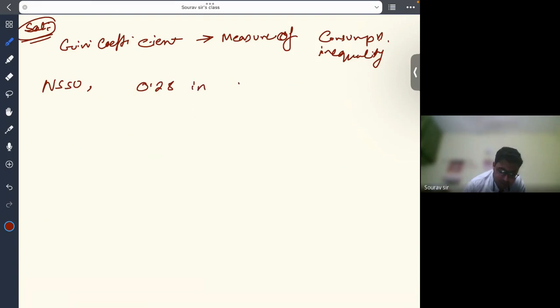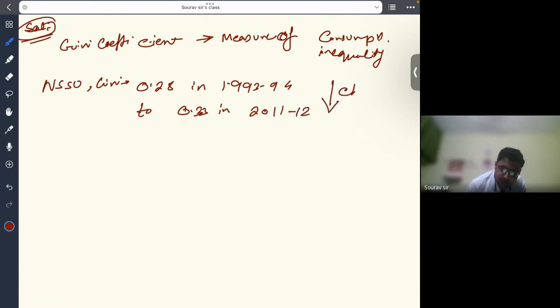So as per the NSSO data, the Gini coefficient went from 0.28 in 1993-94 to 0.33 in 2011-12. This is the change in the coefficient for consumption expenditure.